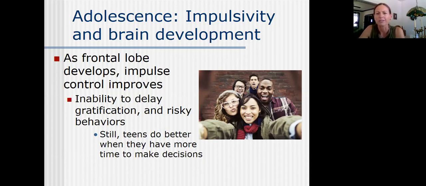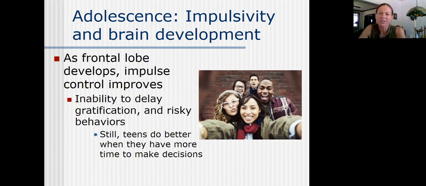So it's really no surprise that kids make a lot of weird decisions, like having sex with no birth control or no protection from disease, things like that. They have a bad inability to delay gratification. If they want something, they just do it, a lot of times risky behaviors that adults don't do. That is because those areas of the brain are not fully developed yet.